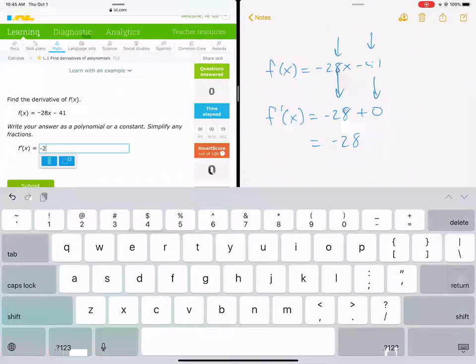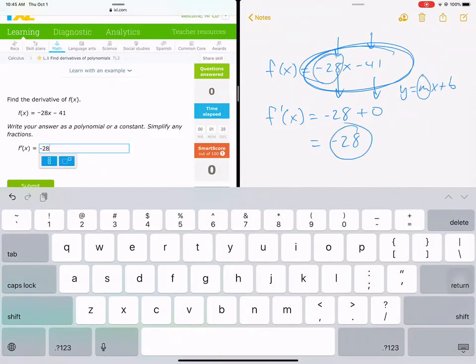Now, just to say one more thing, if you look at this equation here, is that an equation of a line or a parabola? Line. And isn't a line y equals mx plus b? And my m is negative 28, which is my derivative. That's the change of the line.